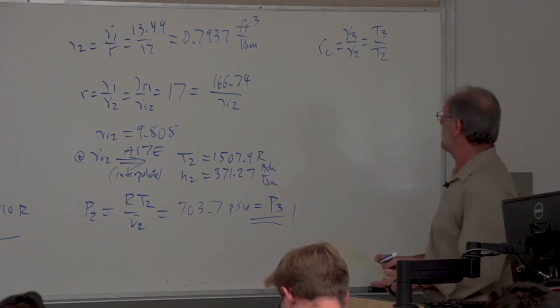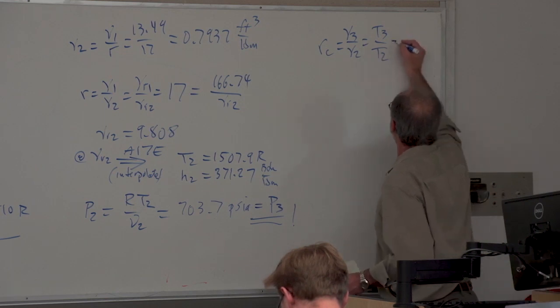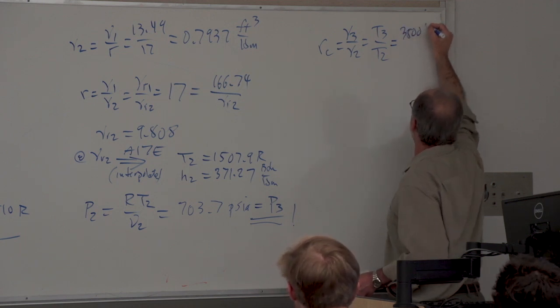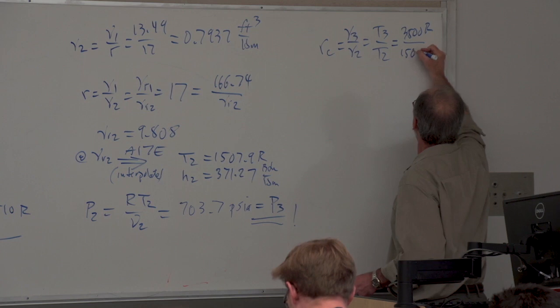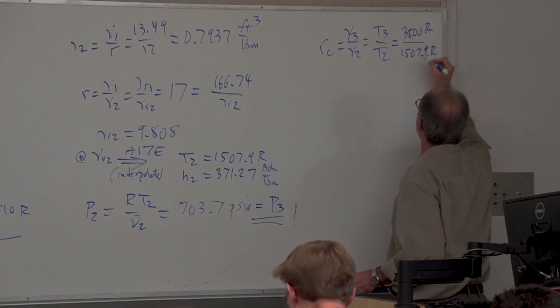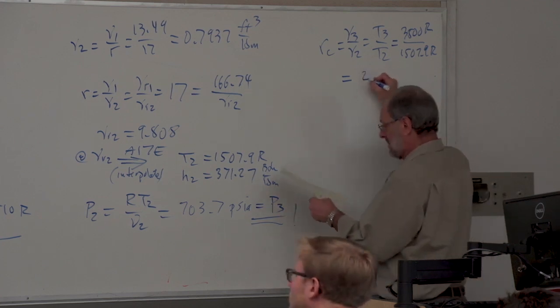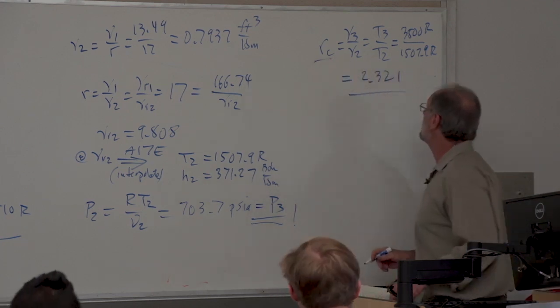And this is information that we have, right? So T3 over T2 is 3,500 Rankine over 1507.9. And we end up with a cutoff ratio of 2.321. Okay, so this is one of the things we were looking for.